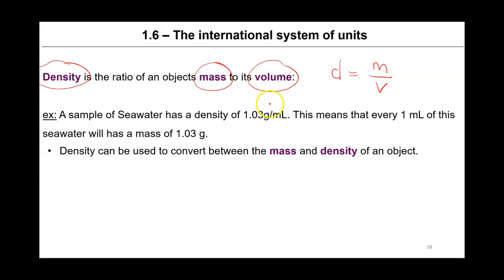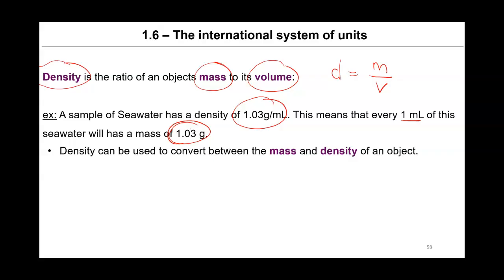Later on in the lab, we're going to determine the density of some salt water. It normally comes out to be a little bit more than 1 gram per milliliter. Famously, seawater has a density that's pretty consistent at 1.03 grams per milliliter. What that means is every milliliter of seawater has a mass of 1.03 grams.